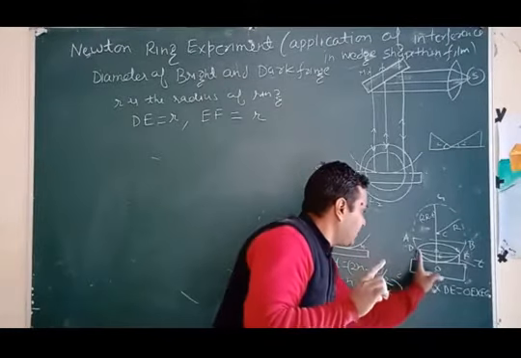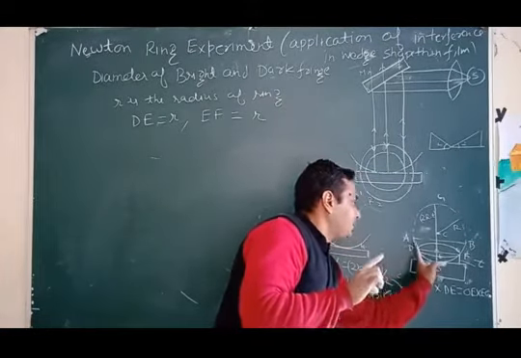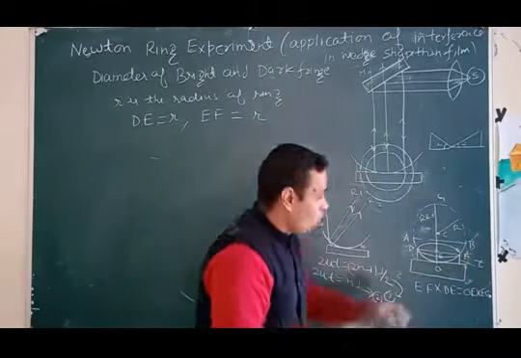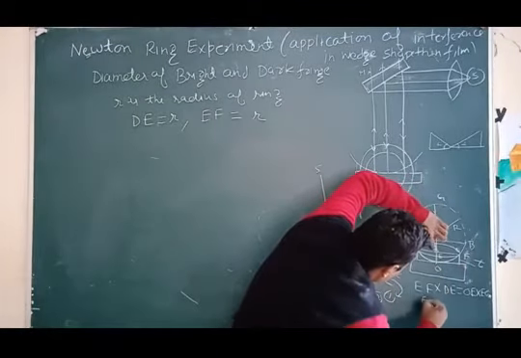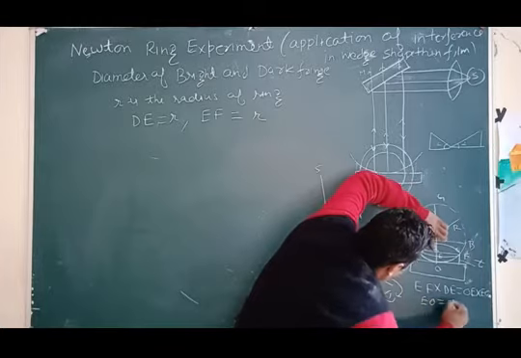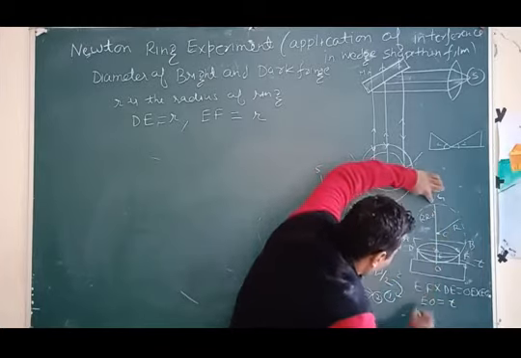We have extended this plano convex lens as a circle here. So this is the T. EO is T. What is GE?